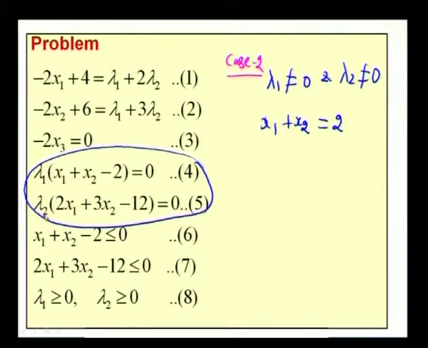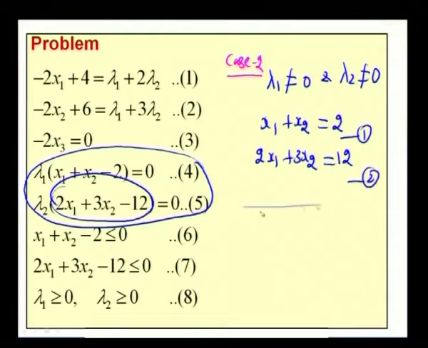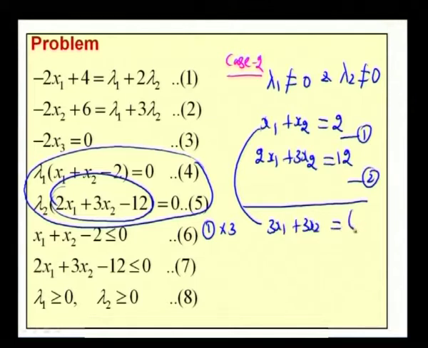Since lambda 2 is non-zero, this term should be 0. We will write it as 2x1 plus 3x2 equal to 12. Now, we try to solve these two equations to get the values of x1, x2. Multiplying equation 1 by 3, equation 1 becomes 3x1 plus 3x2 equal to 6.